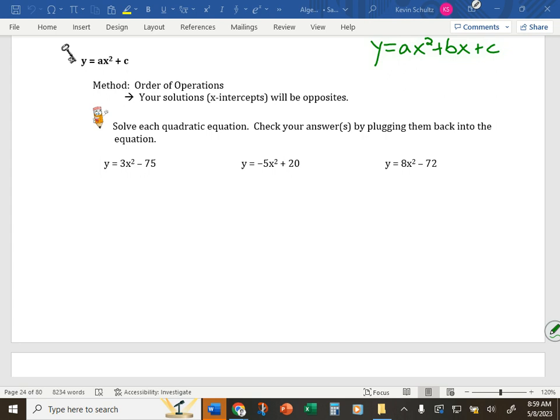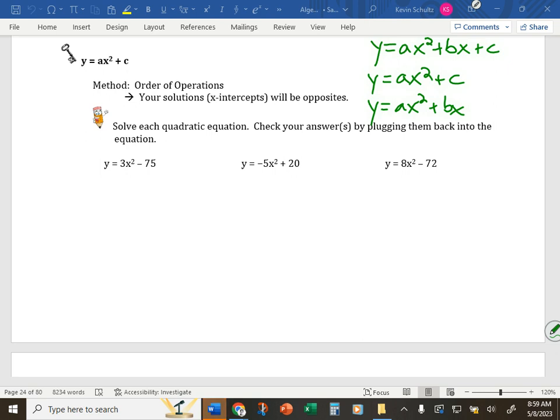If you have a parabola, you have to have the x squared term. But if you eliminate the bx term and just have ax squared plus c, that's still a parabola. It doesn't have the bx term. If you eliminate the c term and just have ax squared plus bx, that's still a parabola.